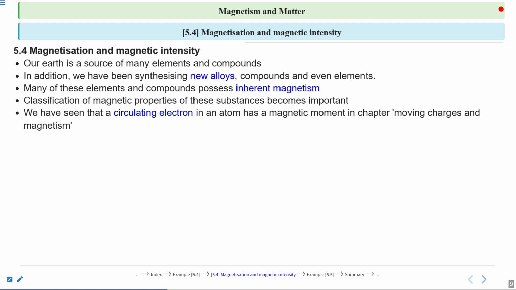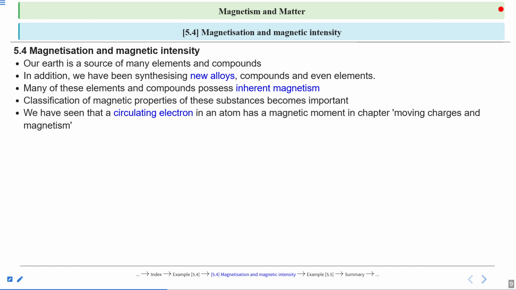We know that a single planar coil is considered as a magnetic moment, given as M equal to IA, the current flowing through that coil times the area of that coil. In the case of the electron, it is the current due to that electron multiplied by the area enclosed by the circulating electron. That is the magnetic moment of the circulating electron.